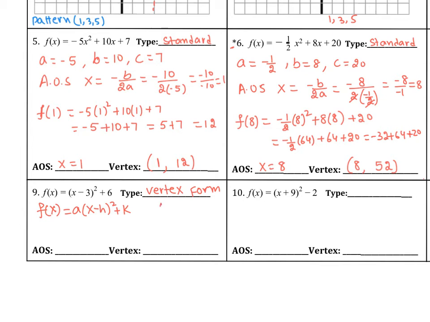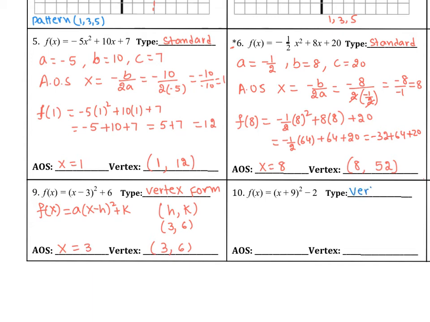If it is negative, then the h comma k would be 3, 6. So the vertex is 3, 6. Axis of symmetry is going to be the x coordinate of the vertex. So this is 3, that is h, is going to be your axis of symmetry, that is x equals 3.